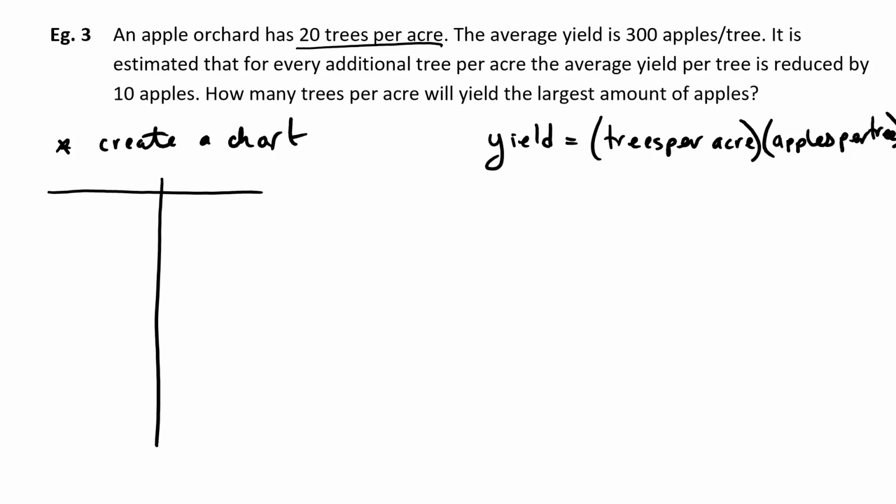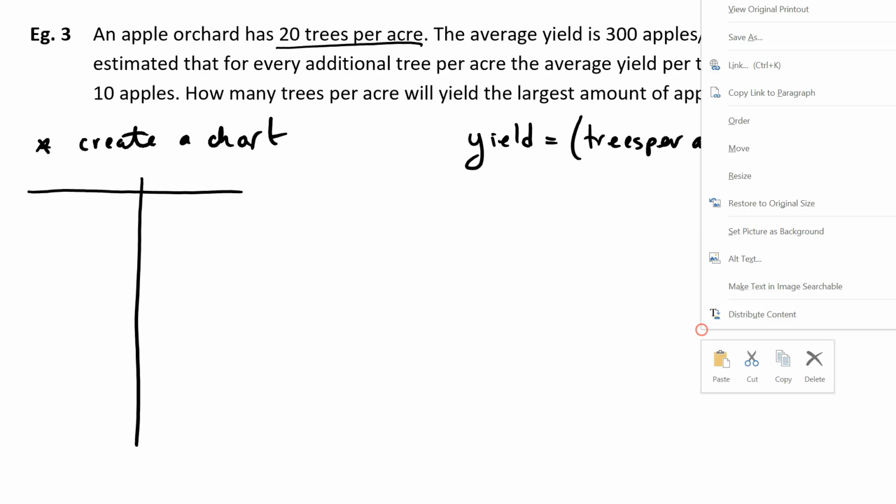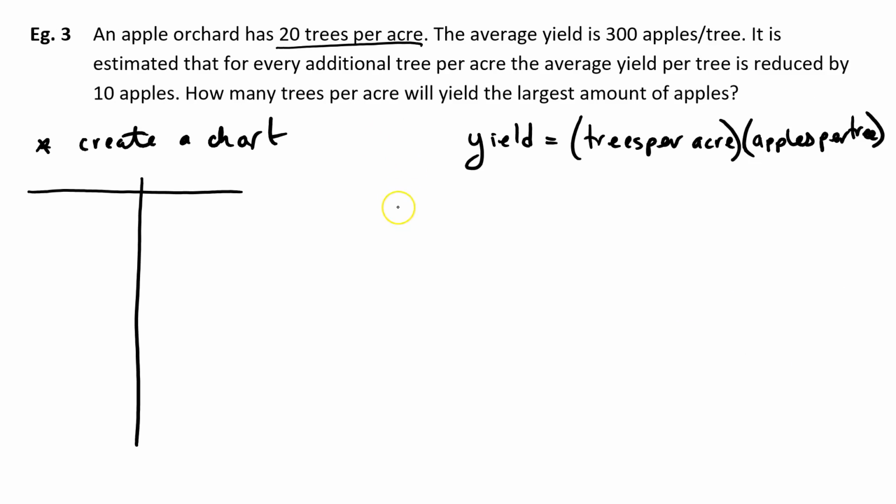Now that is exactly what we did in the little scrap work that I did in the beginning part here. So your total yield is trees per acre times the number of apples per tree.